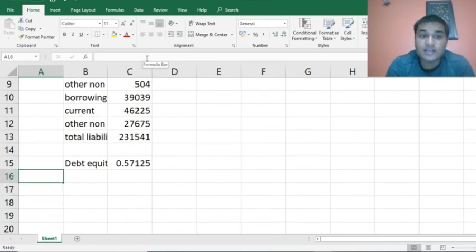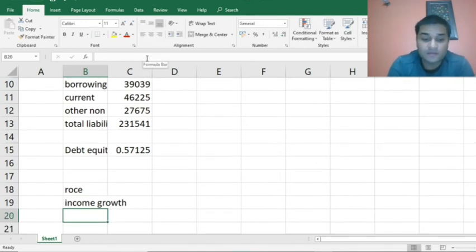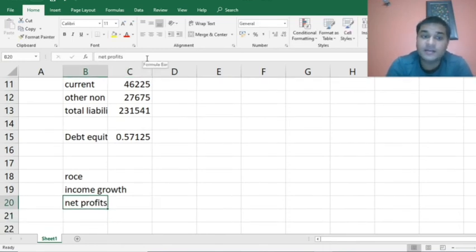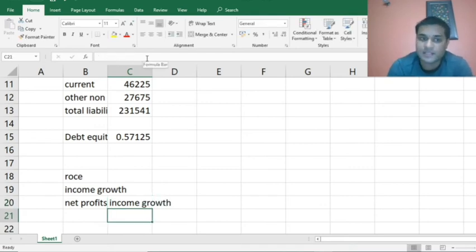So this was it. Till now, what we have covered, I'll sum it up. We have done ROCE, we have done income growth or sales growth, we have done net profits in terms of companies other than banks and NBFCs, we have done net income growth in terms of banks and NBFCs.